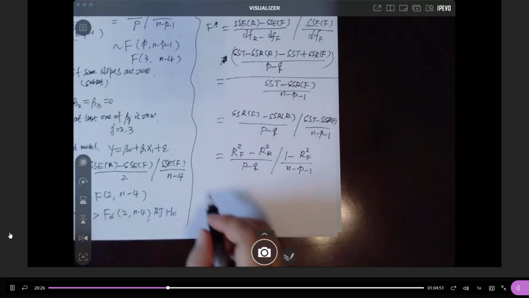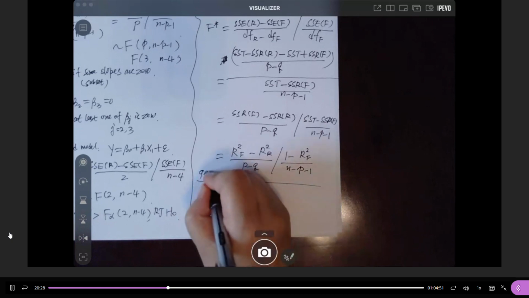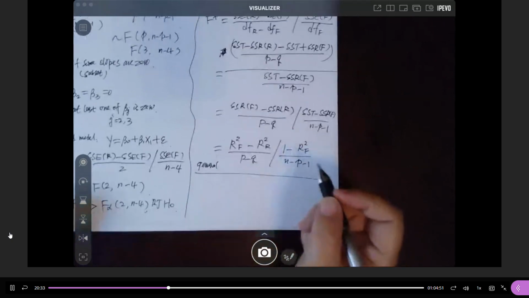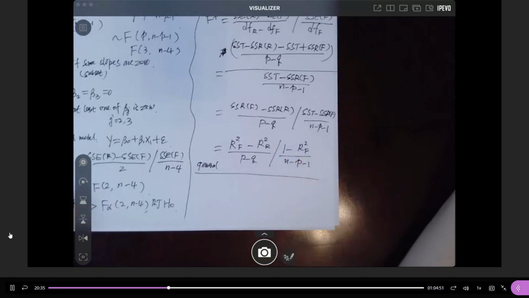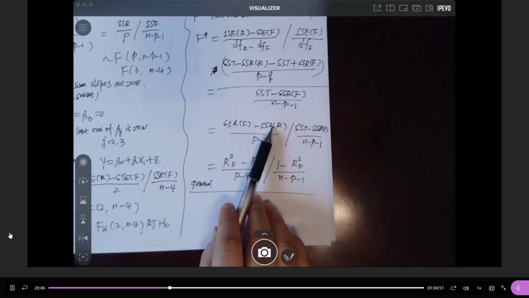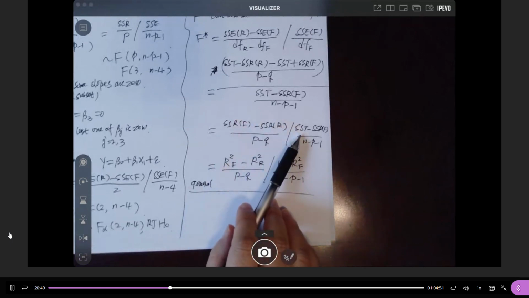So in this case, this is a general formula. This is general. If it is the overall test, yes. What's P and Q again? This is the original R squared, not adjusted. As you can see, from this step to this step, all I did is divide every sum of squares by SST.